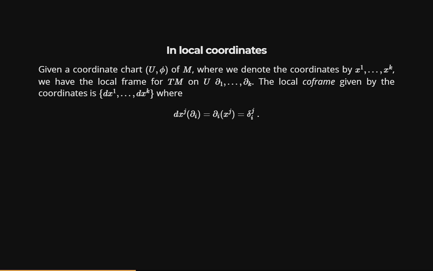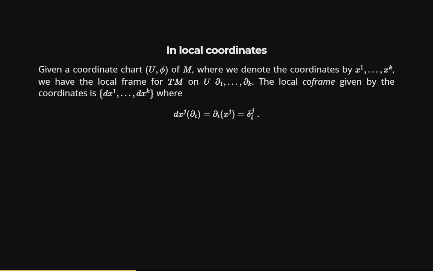By definition, these differential forms are the differentials of the coordinates, which are functions from the manifold to R. So by definition, this is the partial derivative in the coordinate i of the coordinate xj.